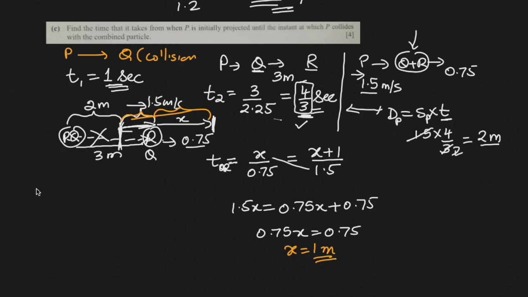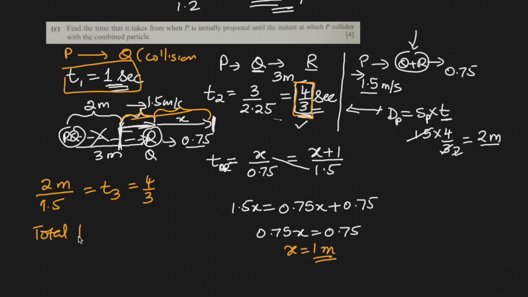So 2 meters divided by the speed 1.5 will be the time T3. We got T1, we got T2, and finally T3 will be again 4 over 3. So the total time they're asking is 1 second plus 4 over 3 plus 4 over 3, which will be 3 plus 8, 11 over 3 seconds.